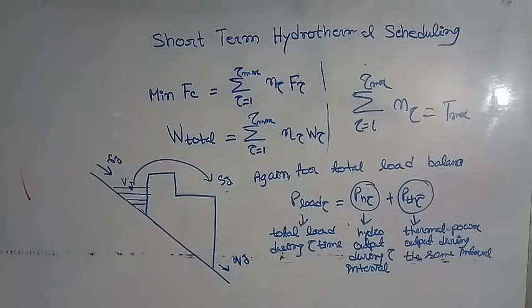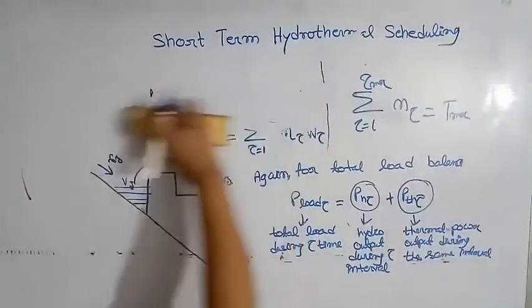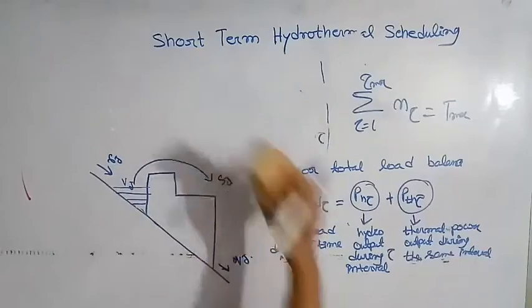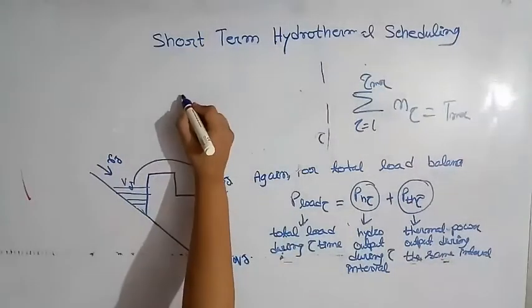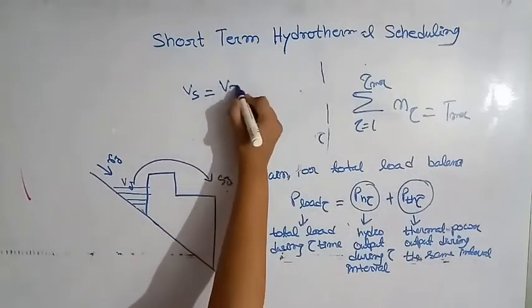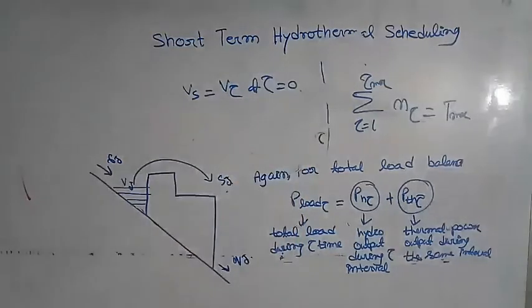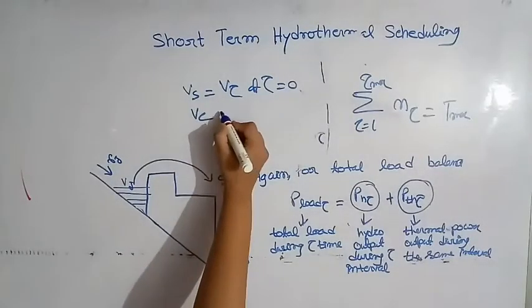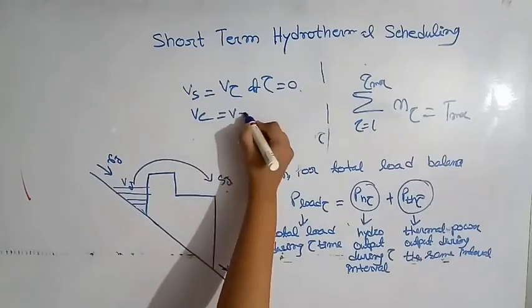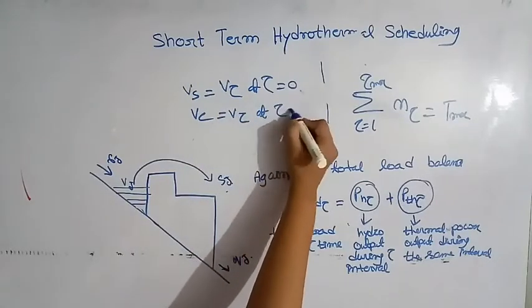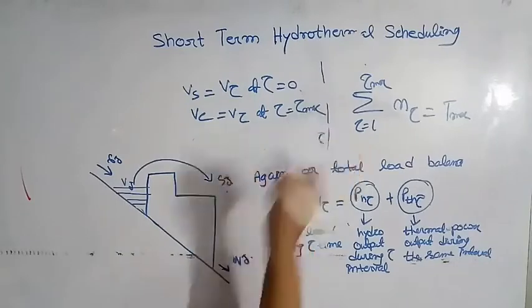Starting water volume is Vs, that is Vs is equal to V tau at tau equals 0. Ending volume, that is VE, is equal to V tau at tau equals tau max.